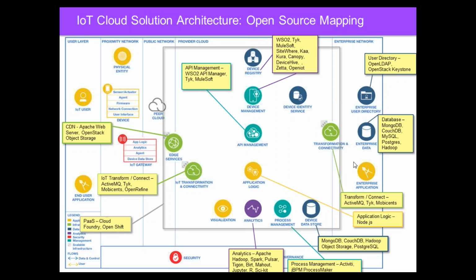And here you'll be looking to transform and connect, and we could be using things like ActiveMQ, DYK, MobiSense and so on to handle the streaming in and out of data between the cloud environment and the IoT environment, and indeed the applications that are running out there with the user. So lots of interesting and useful open source solutions are available to implement parts of this architecture. It's a very rich environment that you can use today.